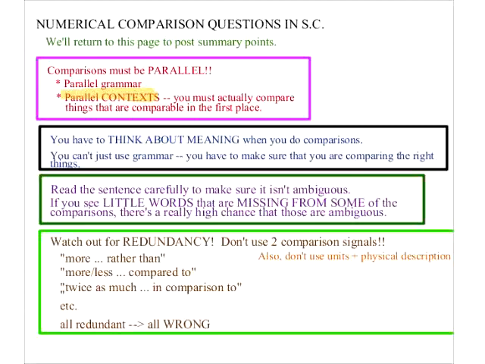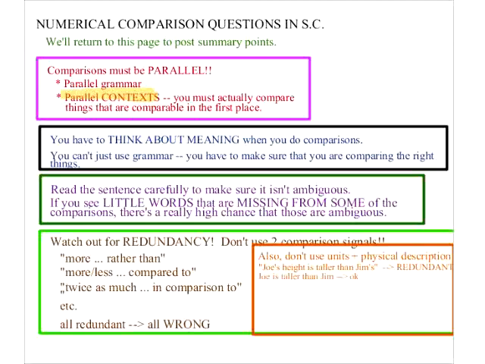It's inappropriate, for example, to say that a height would be taller. So if you say, like, Joe's height is taller than Jim's, that's wrong. That's redundant. But if you say Joe is taller than Jim, this is okay. And if you say Joe's height is greater than Jim's height, this is okay.